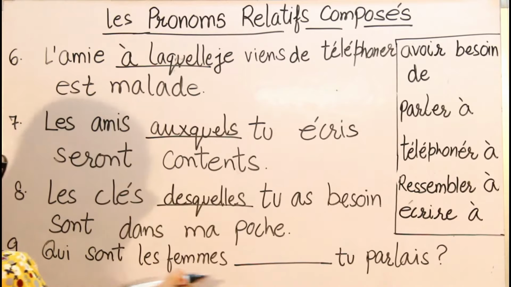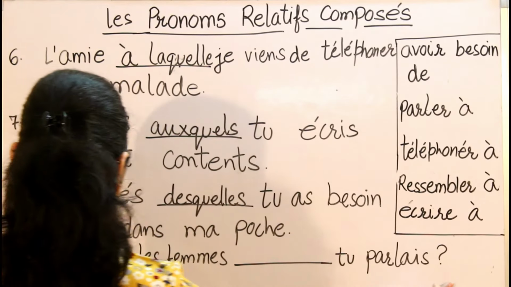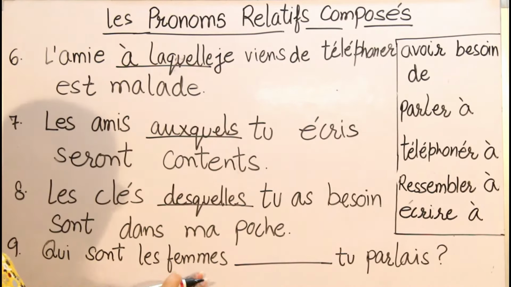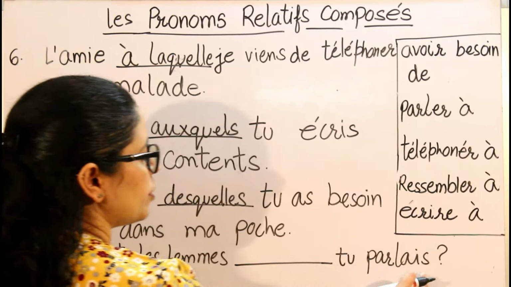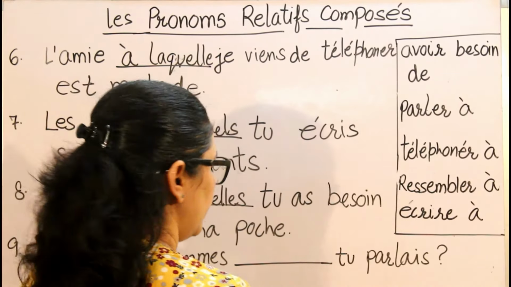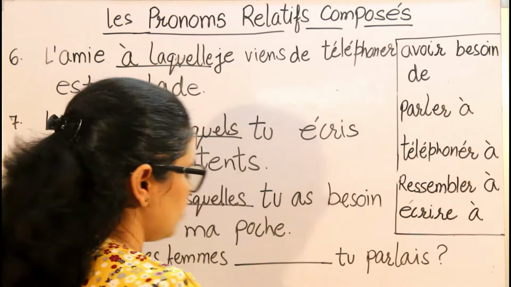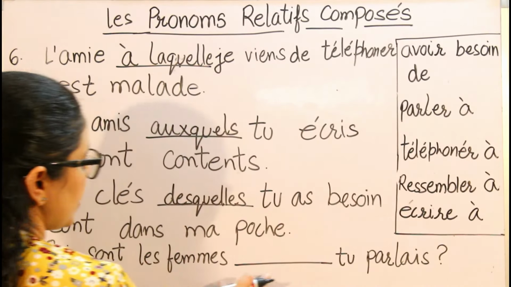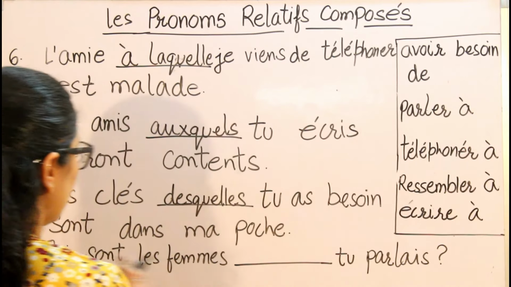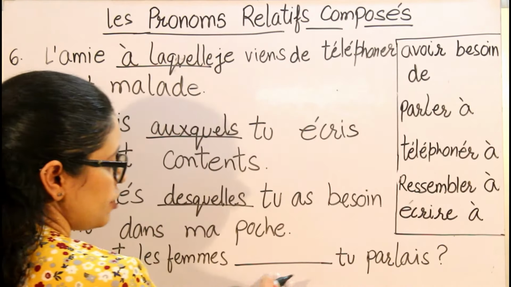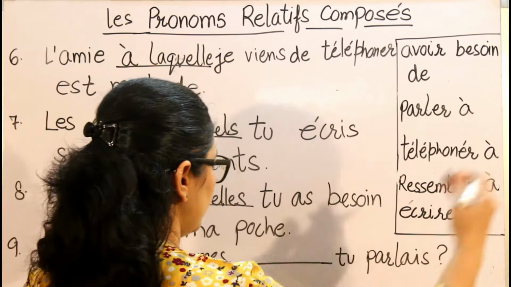Qui sont les femmes ___ tu parlais? Who are the ladies you were talking to? Sometimes we also say you are talking about. So, qui sont les femmes ___ tu parlais? Who are the ladies you were talking to?